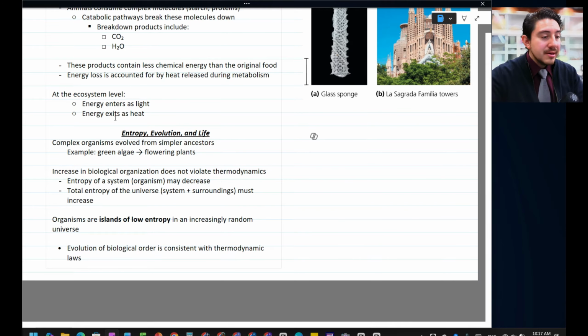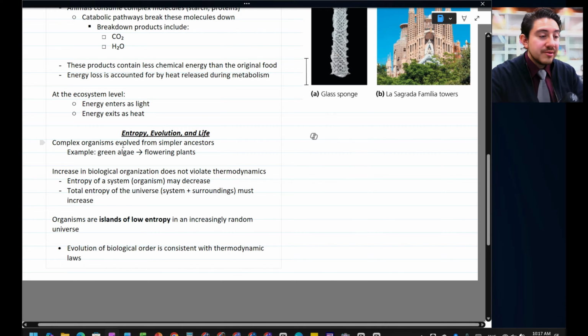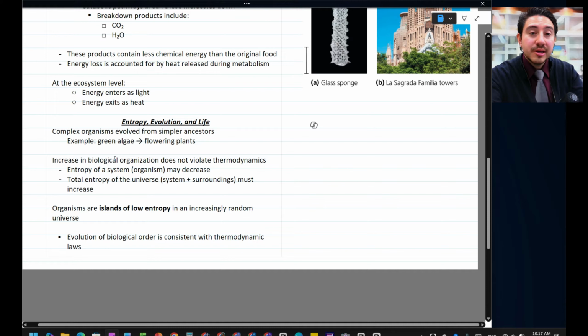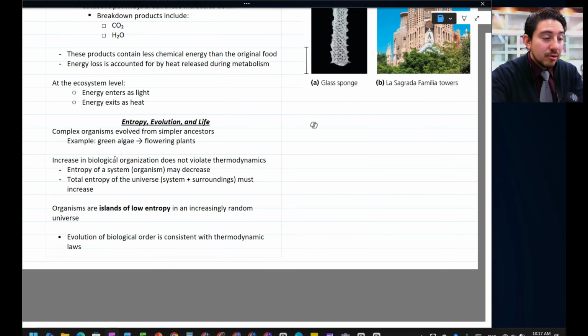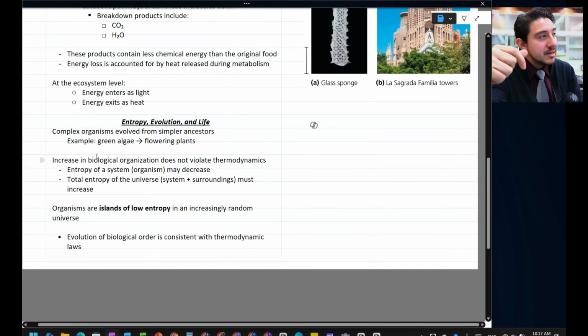Complex organisms evolved from simpler ancestors. Green algae aggregating together, having more sophisticated interactions, ultimately led to plants, flowering plants, which have some of the most organized arrangements that we can see in the plant world.